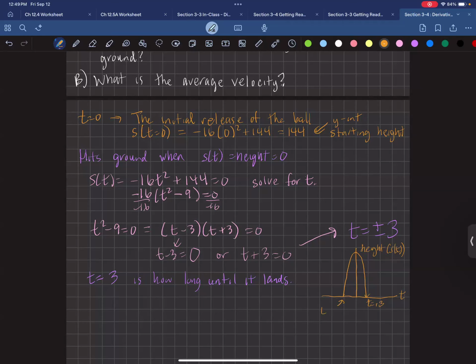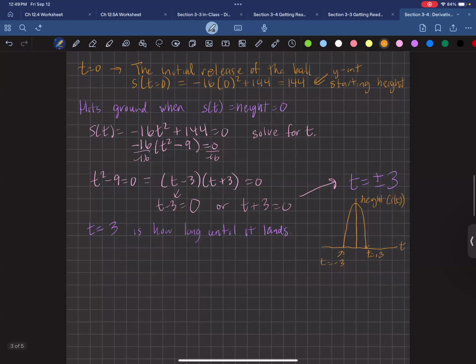Over here is t equals negative 3. And it's kind of like what would have happened if the ball was thrown or kicked from the ground 3 seconds prior to the start. That's not really applicable here. We said the ball was dropped, so we don't need negative. So t is 3 is when it hits the ground.